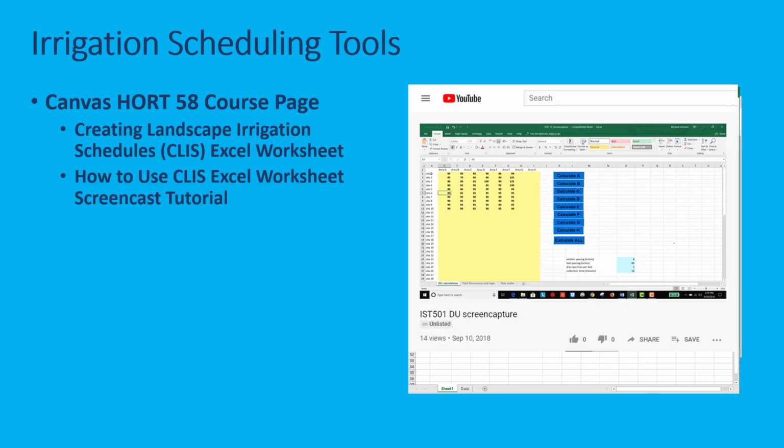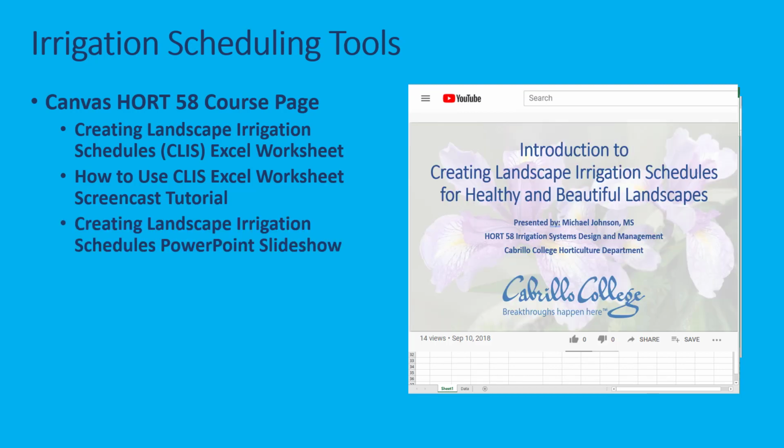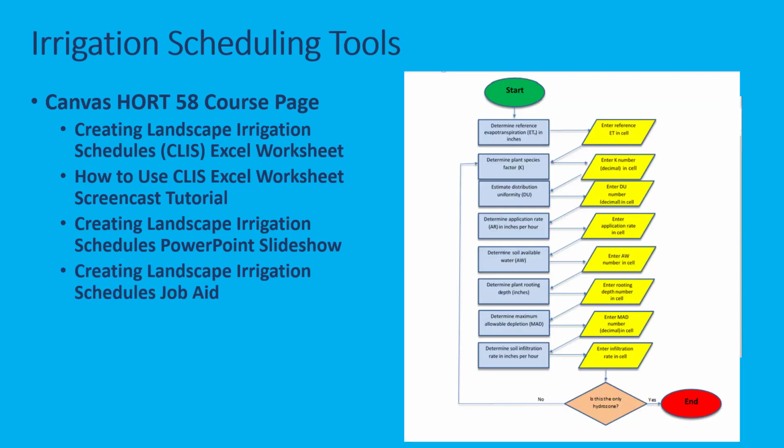Watch the brief How to Use the Creating Landscape Irrigation Schedule Excel worksheet tutorial to help guide your use of the worksheet. The narrated PowerPoint slide is similar to the slideshow that will be presented during the lecture in class. And the Creating Landscape Irrigation Schedules job aid provides step-by-step instructions for creating landscape irrigation schedules.